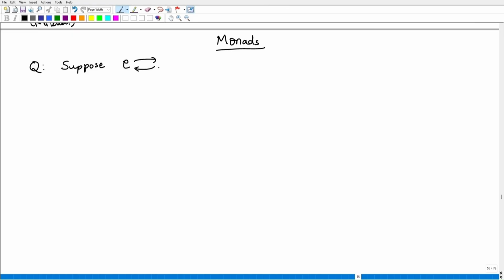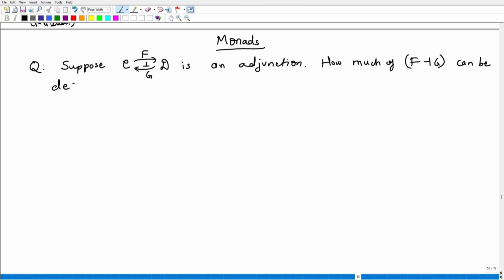So suppose F adjoint to G is an adjunction, how much of this adjunction can be described without referring to category D, or without mentioning category D?